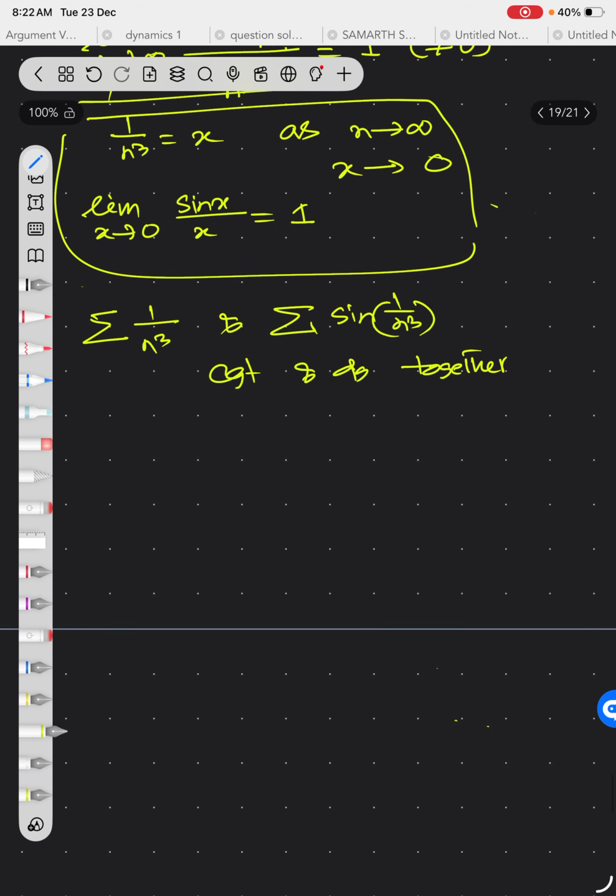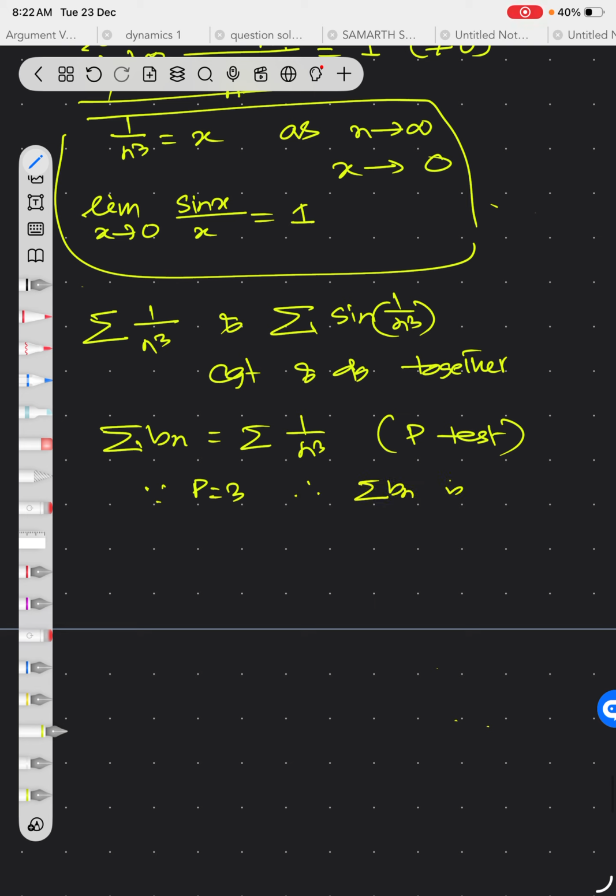But in this case, the series 1 by n cube, by the p test, since the value of p is equal to 3, is convergent. So it implies a_n is convergent, that means the summation of sine 1 by n cube is also convergent.